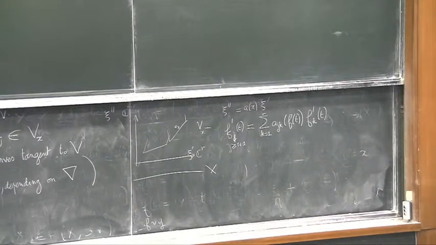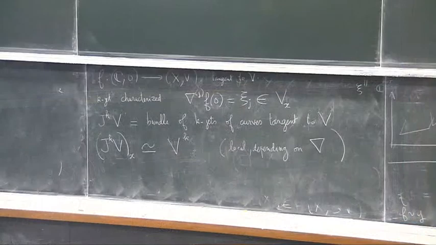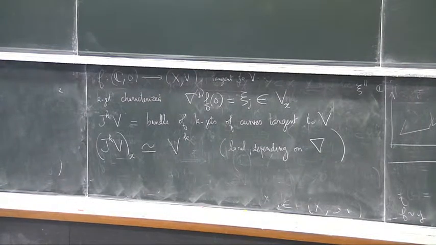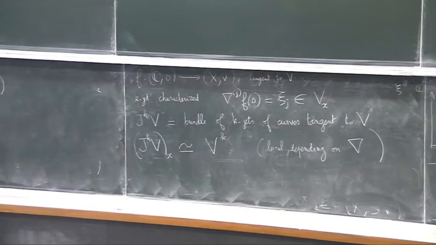So you look at the curve, but then you can reparameterize. So you have a change of parameter, tau maps to t equal p of tau.